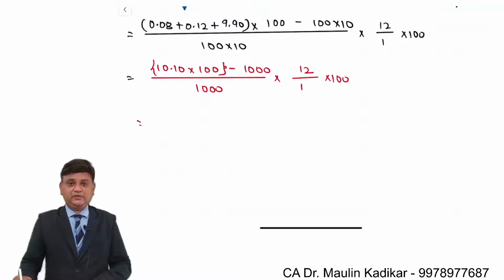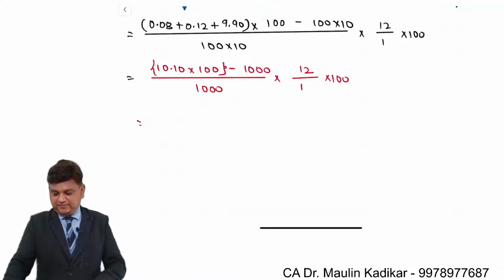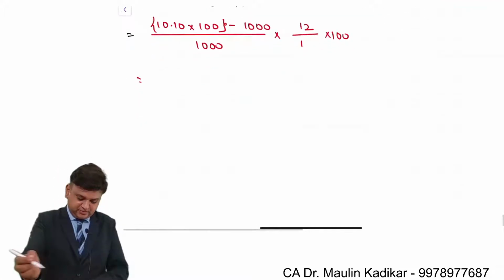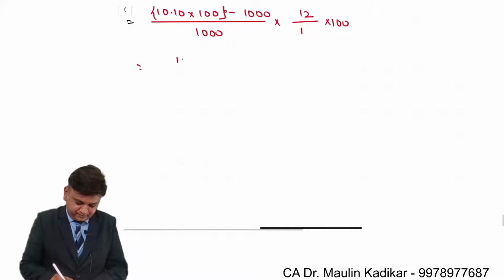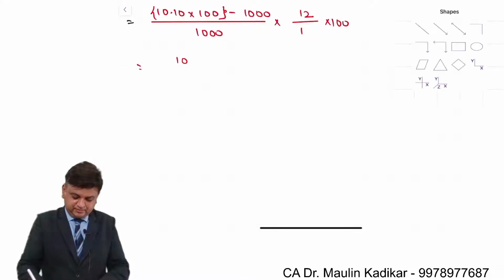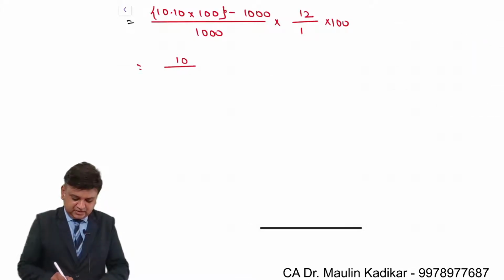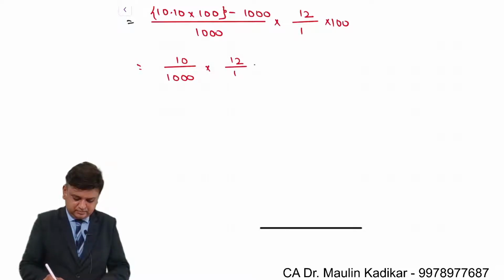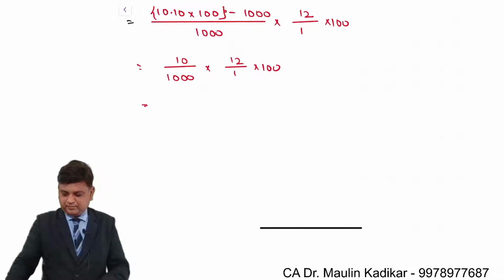Okay, so what will happen over here? 10.10 into 100, that is 1010, minus 1000, that comes to 10 rupees in total, divided by 1000 into 12 divided by 1 into 100. So into 1200 divided by 1000, that comes to 12%.